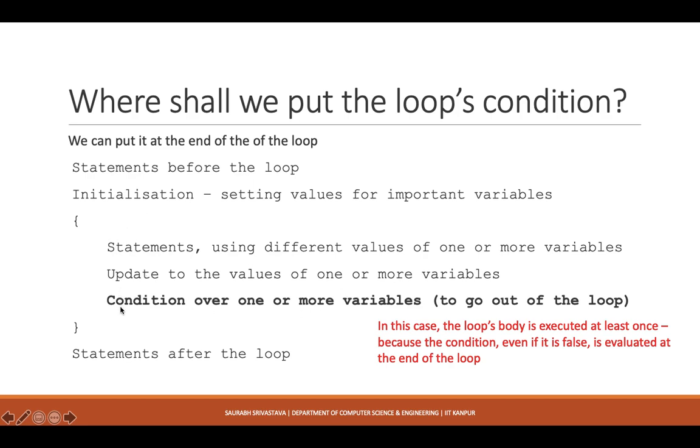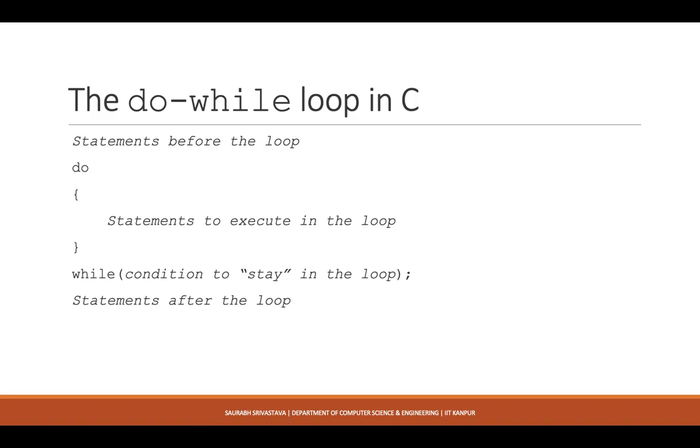If the condition has become false, you come out of the loop and execute these statements. So if you are putting the condition at the end of the loop's body, then the statements before that particular condition are going to be executed at least once. This is just one way to achieve this when you're trying to write some pseudocode.